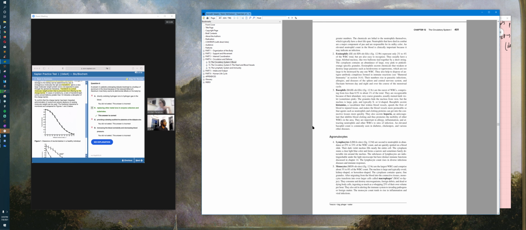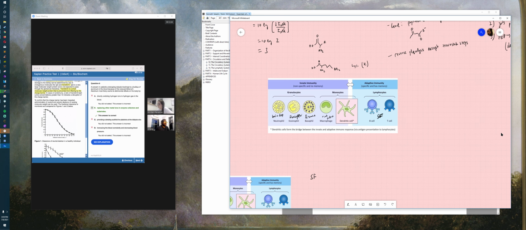Wait, it widens the blood vessels? Yes. Since most of these things travel through the blood, like neutrophils, more of them are going to go to that localized area. Okay, got it.